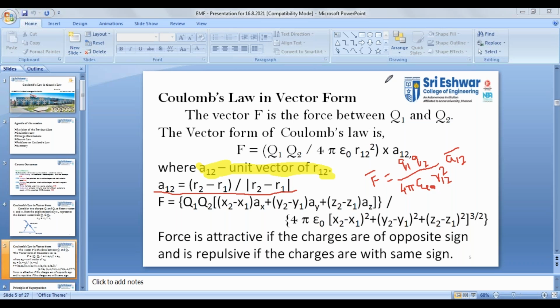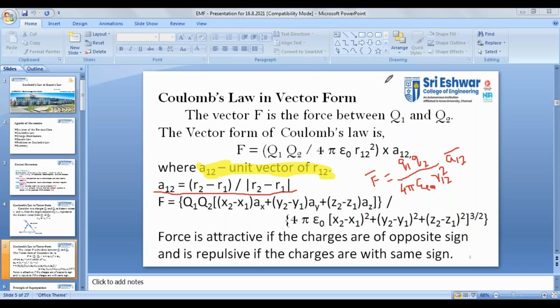So in the numerator it will become Q1 Q2 into x2 minus x1 ax vector plus y2 minus y1 ay vector plus z2 minus z1 az vector, whole divided by 4 pi epsilon naught times x2 minus x1 the whole square plus y2 minus y1 the whole square plus z2 minus z1 the whole square, whole to the power 3 by 2.